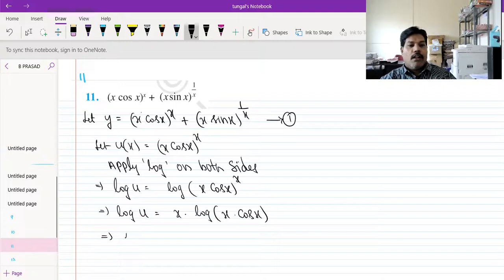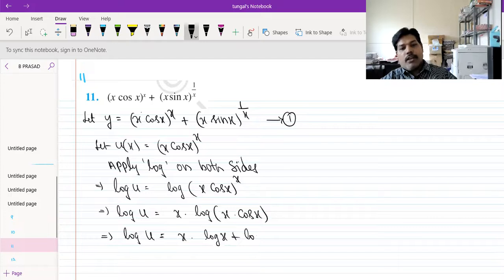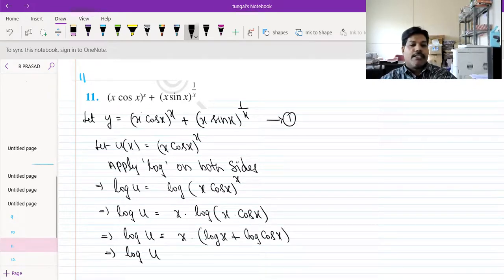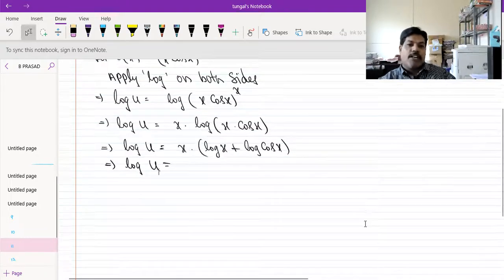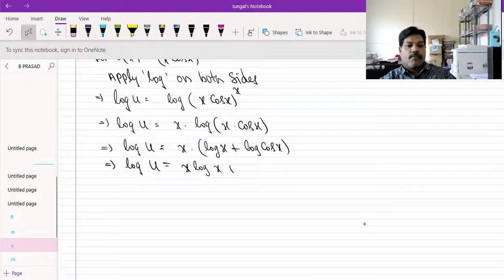So log u is equal to x into log of AB. Log of AB can be written as log A plus log B. Then just multiply the term, students. What happens? Log u is equal to x log x plus x log of cos x.